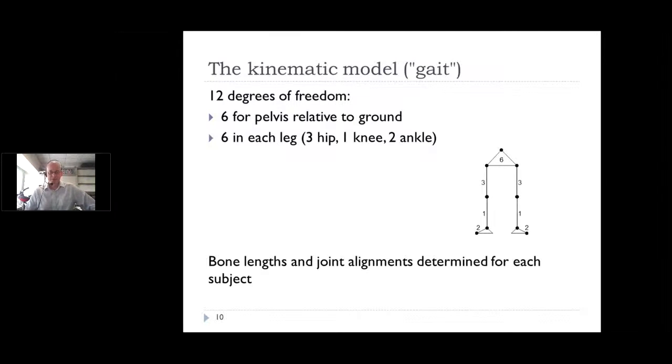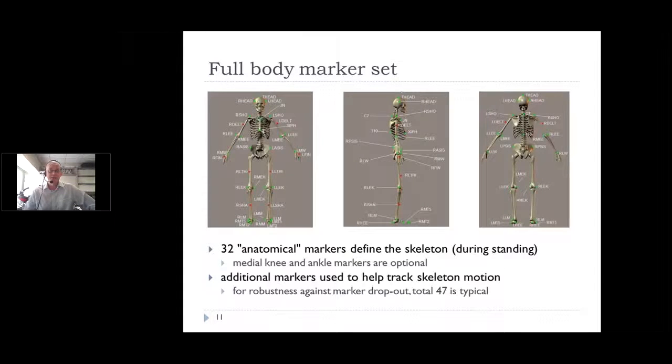So again, these bone lengths, joint centers and joint axes are determined for each subject, and here are a few examples of how that's done. I'm going to do this for the full body. The full body marker set looks like this, and there are 32 so-called anatomical markers that define where the joints are, and that's done while the subject is standing. So we get the coordinates of all these markers, and then we calculate where the joints are.